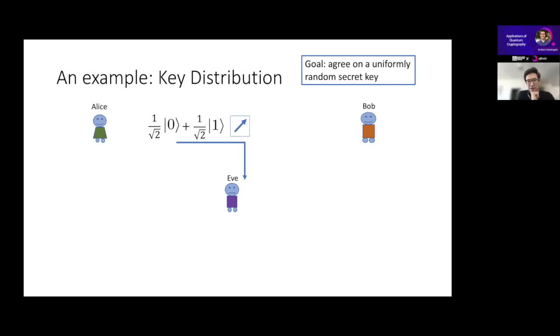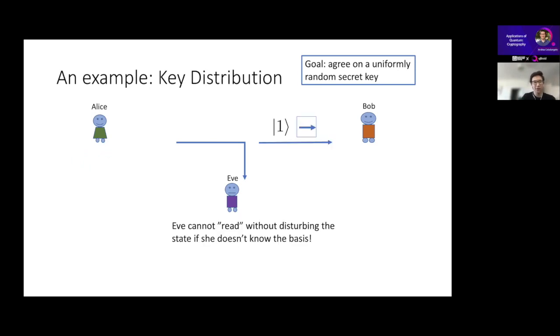However, because she does not know what basis Alice chose, the 0, 1 or the tilted basis, Eve's measurement will be in an incorrect basis at least half of the time. And so therefore, if she picks the wrong basis to measure, she'll disturb the state of the qubit on its way from Alice to Bob.